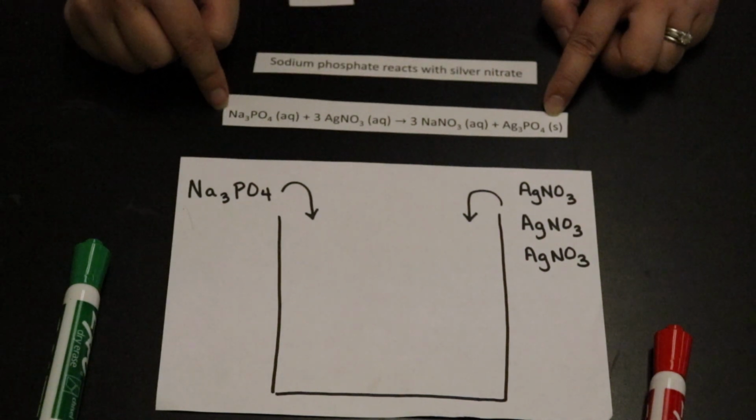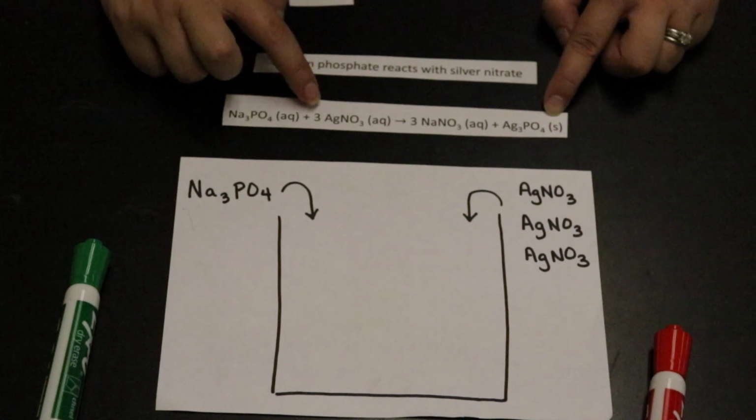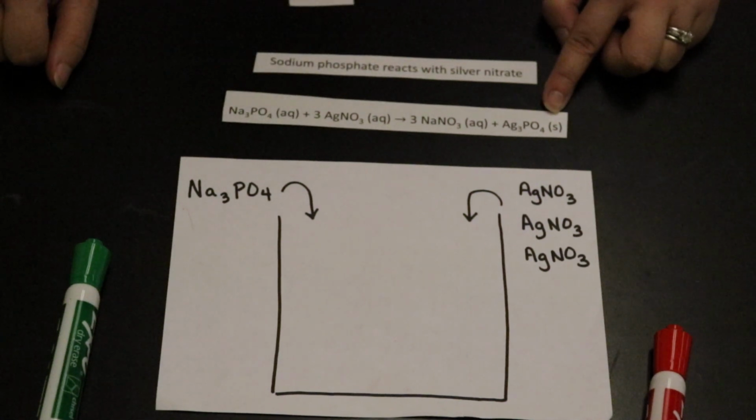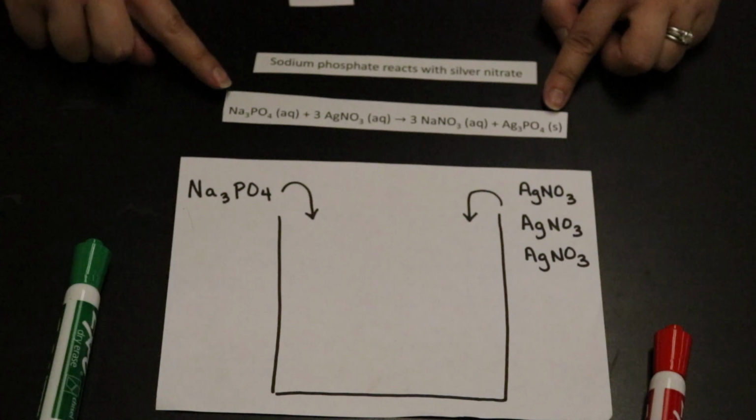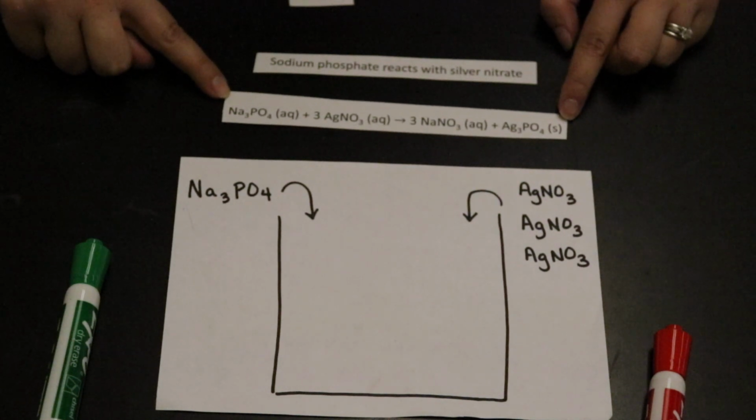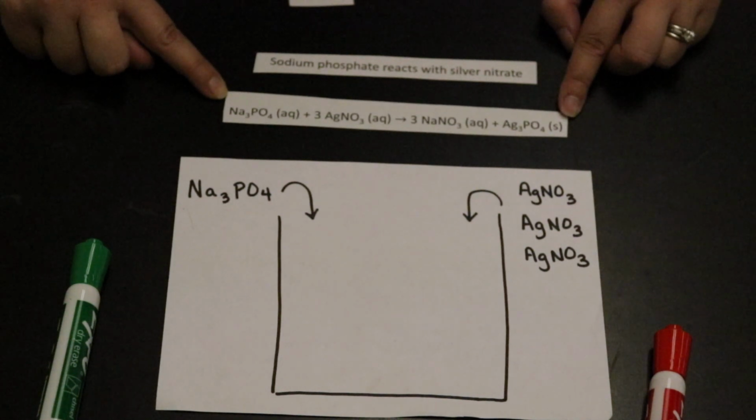We can also balance this reaction by putting the coefficient 3's in the places indicated. When we write a chemical formula in this manner, this is called a molecular equation or a balanced chemical equation.